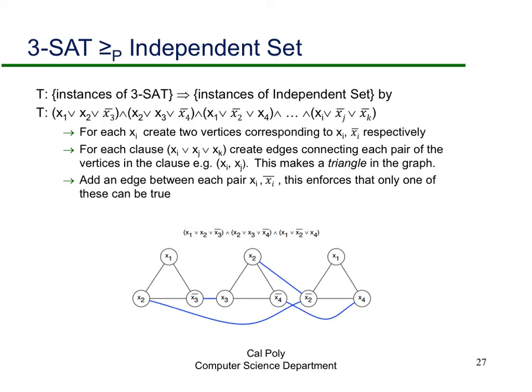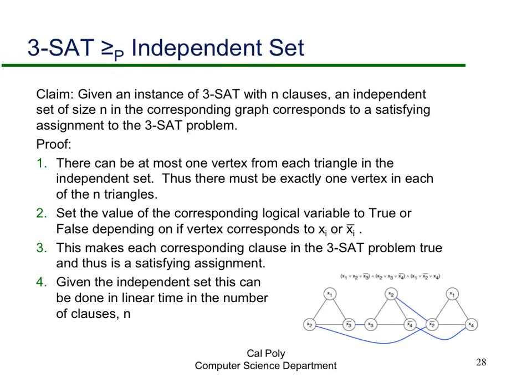So let's go on to the next slide and prove that. Given an instance of 3SAT with n clauses, an independent set of size n in the corresponding graph corresponds to a satisfying assignment to the 3SAT problem. The proof: there can be at most one vertex from each triangle in the independent set. Thus, there must be exactly one vertex in each of the n triangles.